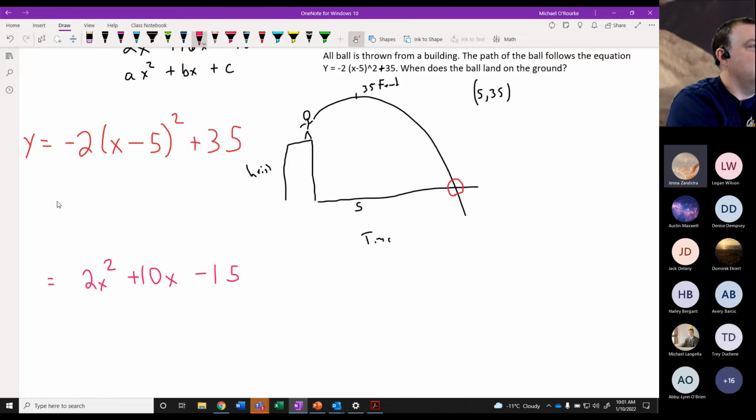Because the previous line to this would have been 2x squared plus 10x minus 50 plus 35. And the previous line to this would have been minus, that's 20, isn't it?